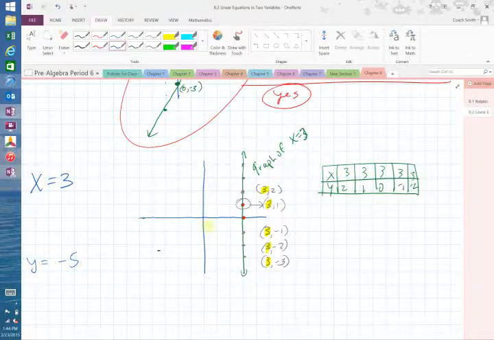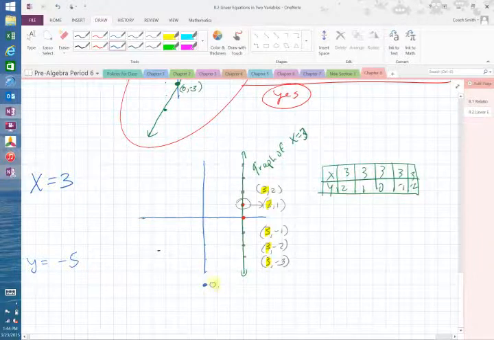Well, negative 5 would be 1, 2, 3, 4 would be right there. Okay, that's 0, negative 5. Also, this point right there is negative 5. That's 2, negative 5. There, that's 4, negative 5.